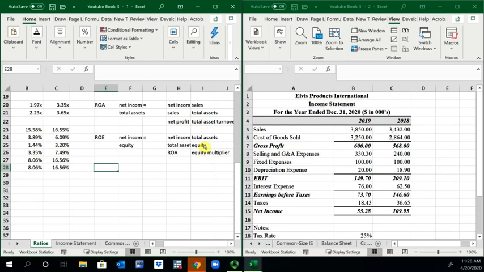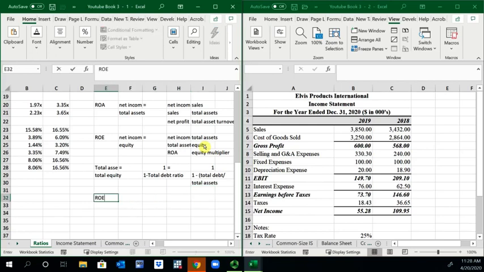With this equity multiplier, we can do some rearranging here. Let's suppose I did total assets over total equity. That is equal to 1 over 1 minus the total debt ratio, which is equal to 1 over 1 minus total debt over total assets.